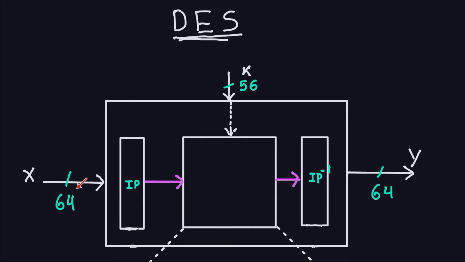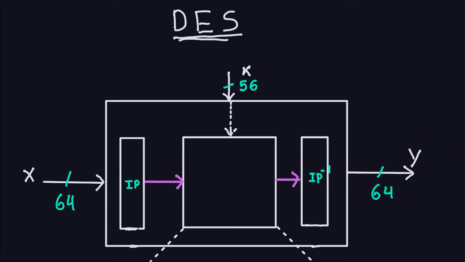We have 64 bits, and there is a way to rearrange these 64 bits using that table that I showed you in the last video. Similarly, we also had a permutation here at the end, the initial permutation inverse, which is also rearranging the 64 bits. And finally, what comes out of here is the ciphertext.